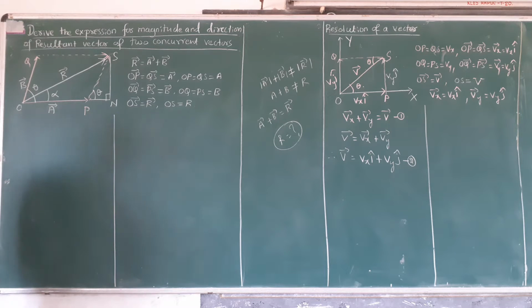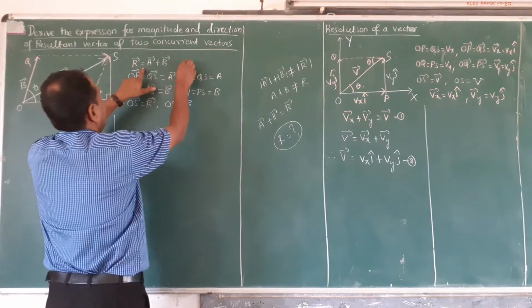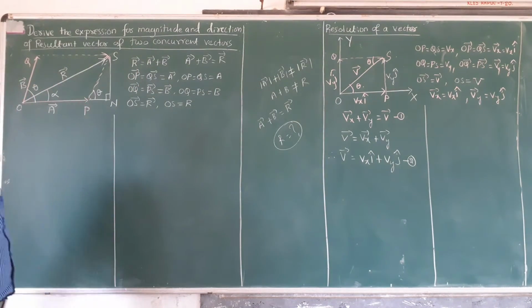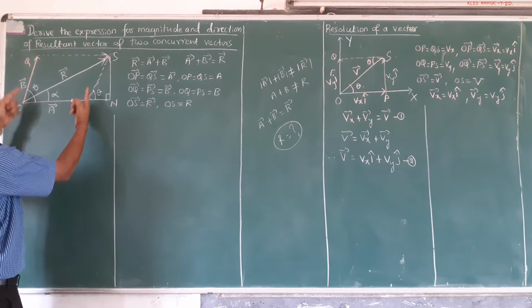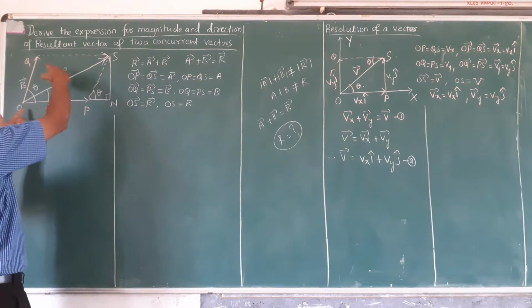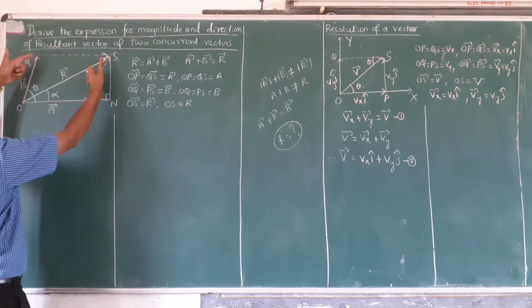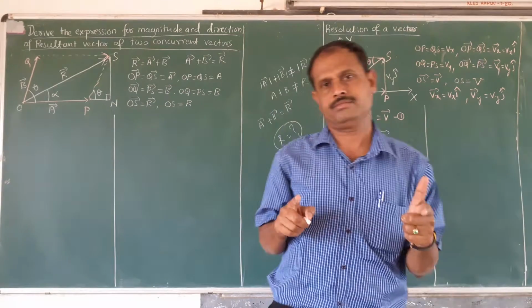Okay. Now see here, according to the parallelogram law of vectors, vector A plus vector B is equal to vector R. Now we complete the parallelogram. At that time, vector OP is equal to vector QS is equal to vector A. In terms of magnitude, OP is equal to QS is equal to A, because in a parallelogram opposite sides are equal.